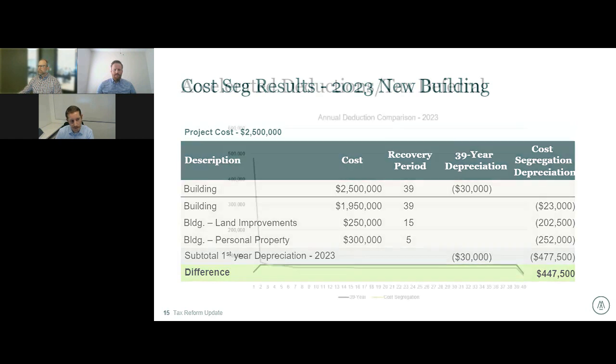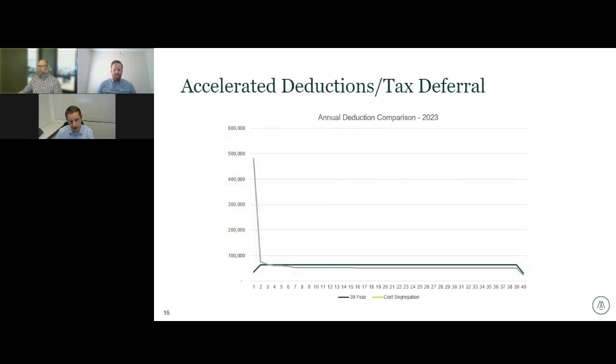So we have almost $500,000 of accelerated depreciation. And then because we're lowering the tax basis of the real property that continues on for 39 years, we get straight line on the rest of that as compared to just depreciating the whole thing over straight line. So it provides great benefits up front there.